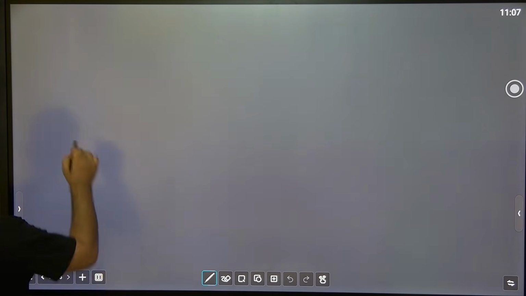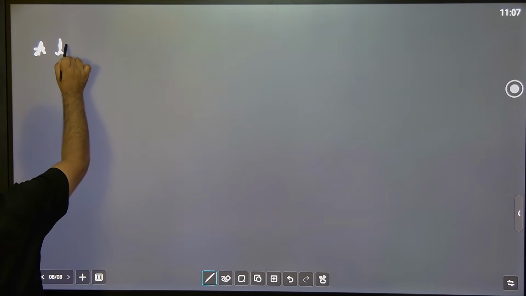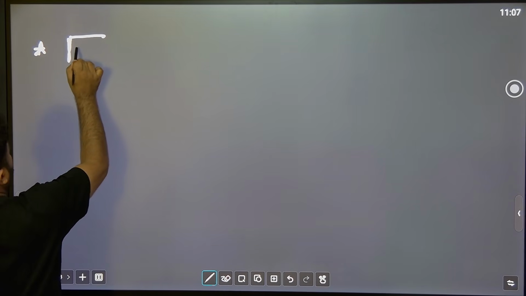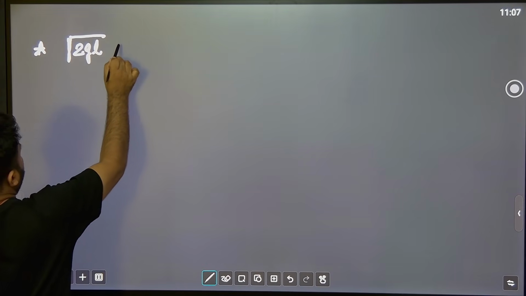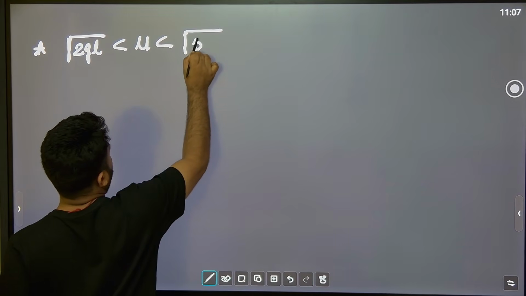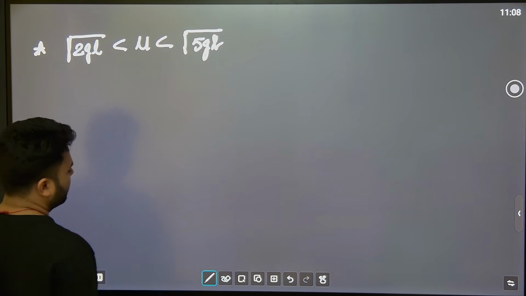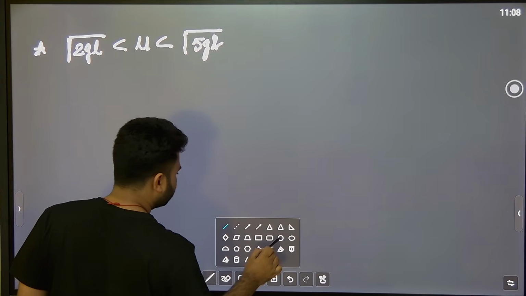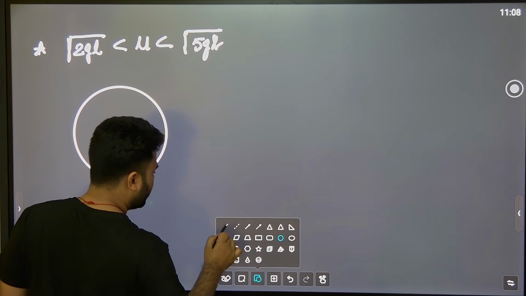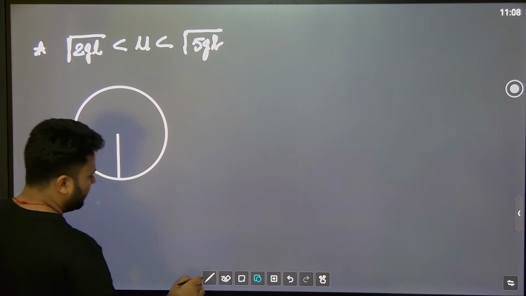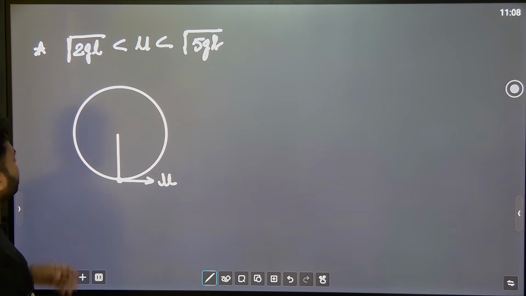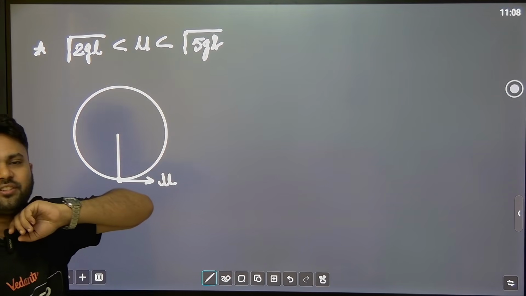Now, what if the speed you give is greater than root 2 GL but less than root 5 GL? What will happen? At the bottom, you give some speed which is greater than root 2 GL but less than root 5 GL.